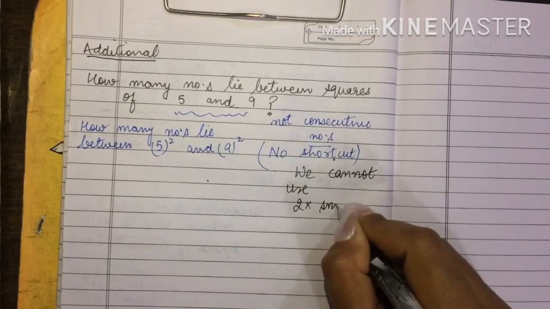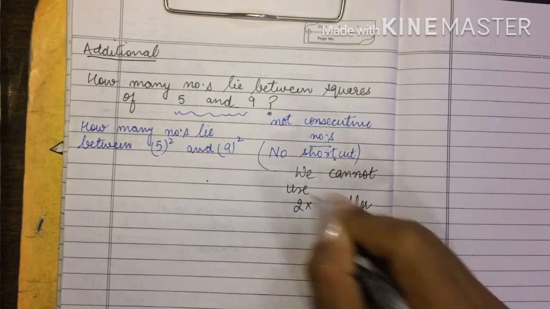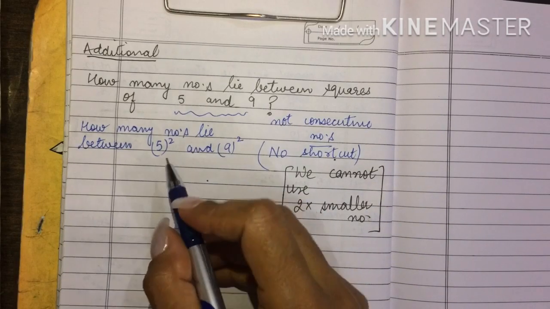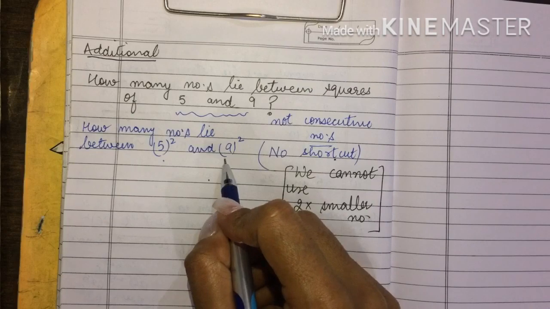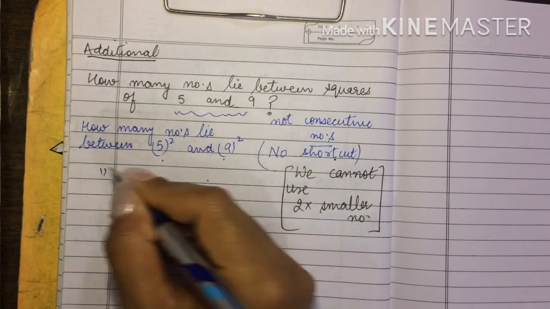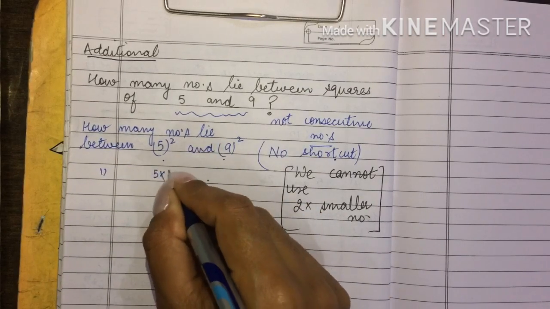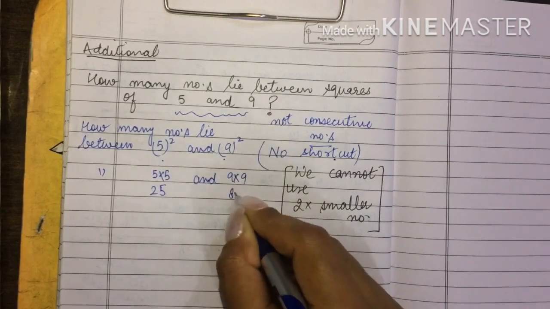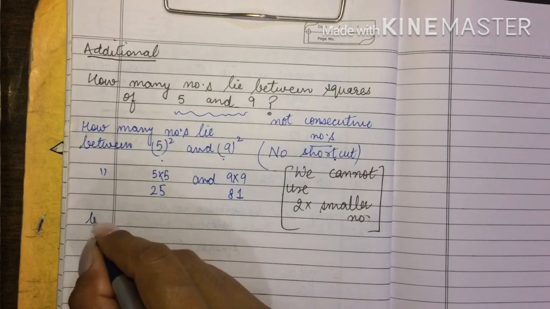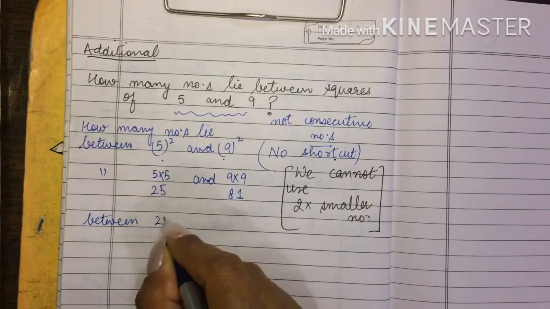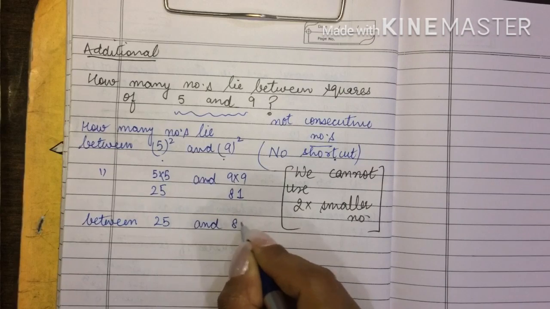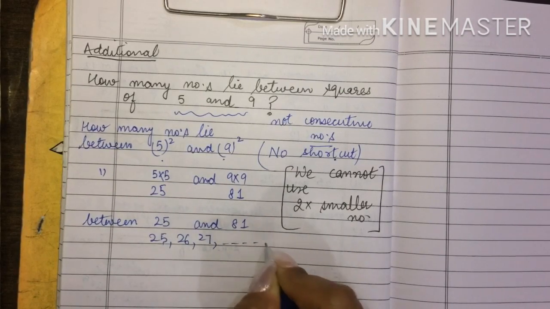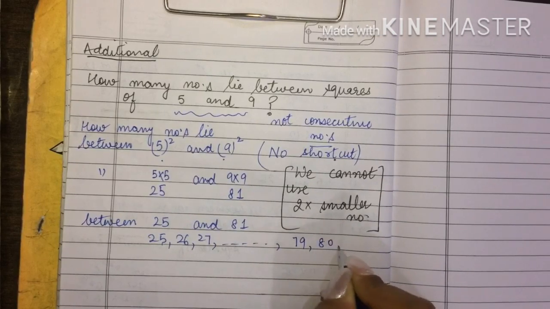This does not work here. We will calculate the squares of these two. So this means I have to find the numbers between 5 into 5, 25, and 9 into 9, 81. So between 25 and 81. So 25, 26, 27 up to 79, 80, 81.